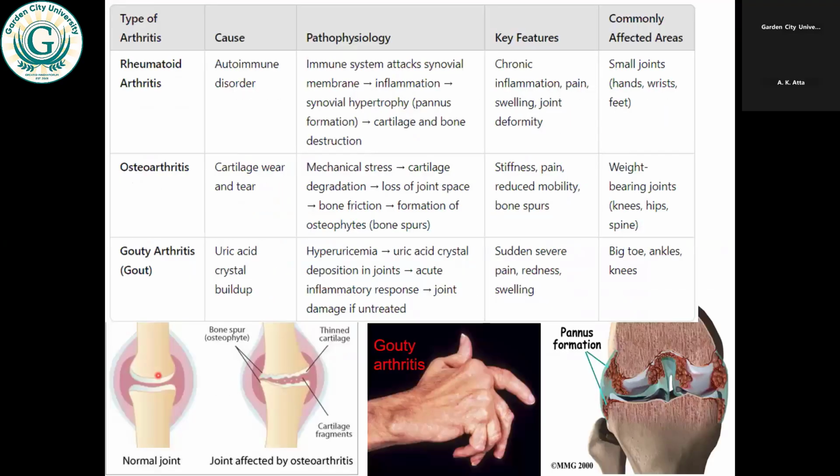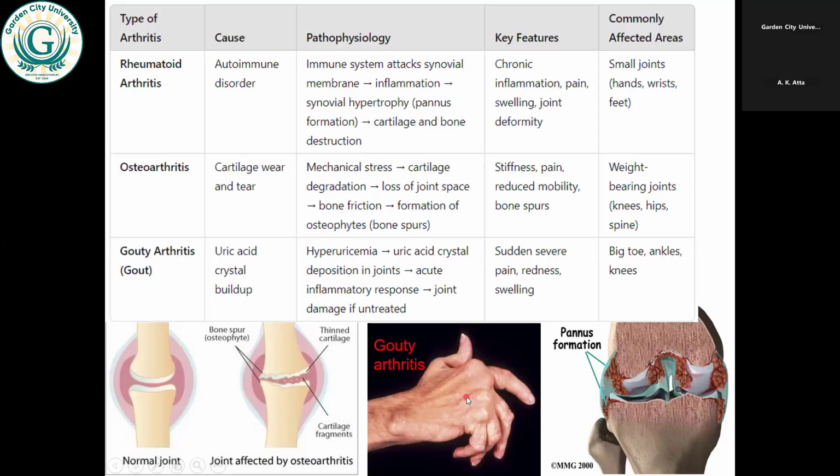Then arthritis, because we are looking at synovial joints. So this is what we said about osteoarthritis. You can see that there's degeneration of the articular cartilage. And when you have this degeneration, you can have this. I've also explained to you what the bone spur, or osteophyte, is. This is gouty arthritis.